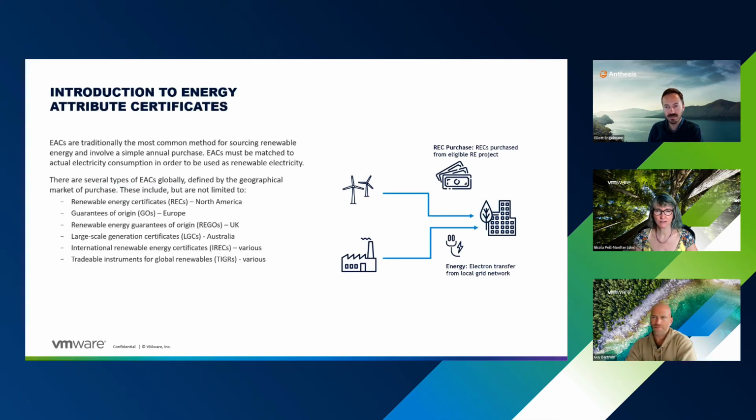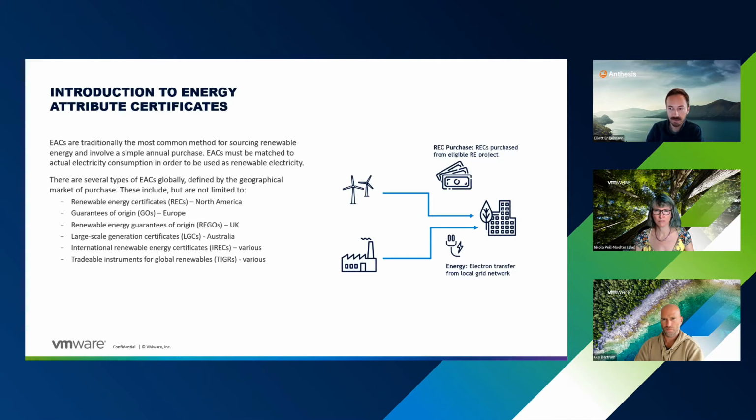There are different kinds of EACs. EAC is kind of the catch-all term for a variety of energy attribute certificates. These typically vary by region. So in North America, you might have heard of something called a REC. It's a renewable energy certificate. That's the EAC that operates in North America. In Europe, they're called guarantees of origin, or GOs.